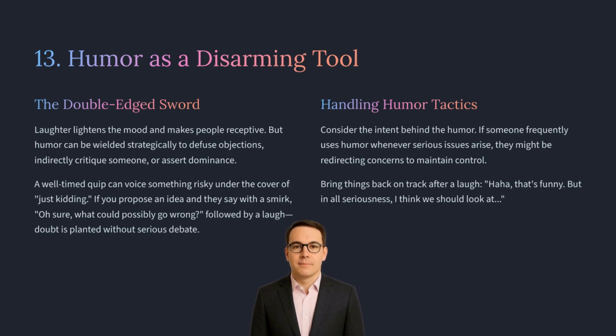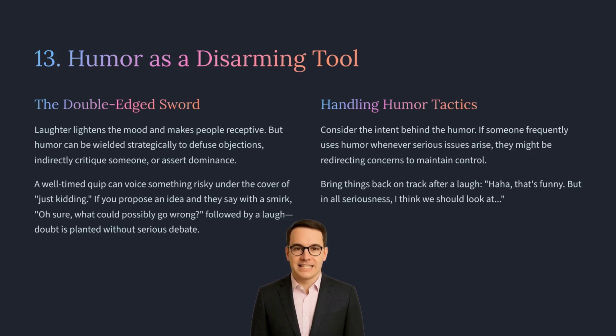Similarly, a person might make you the butt of a gentle joke in front of others. If done skillfully, it comes off as friendly teasing, but it also can undermine you or signal their higher status. They can joke about you, meaning they feel secure enough to do so. A well-timed quip can also be a way to voice something risky under the cover of "just kidding."